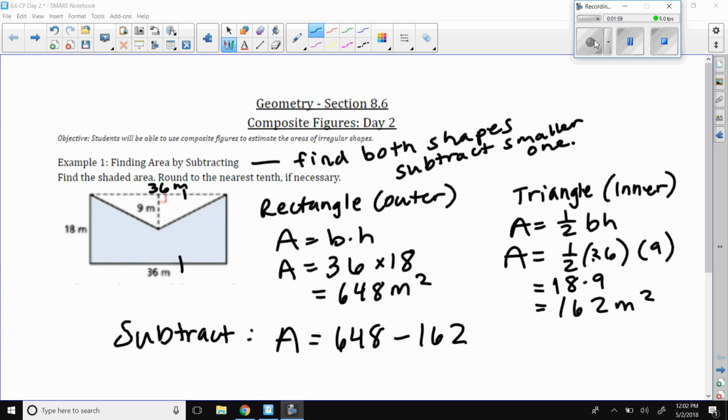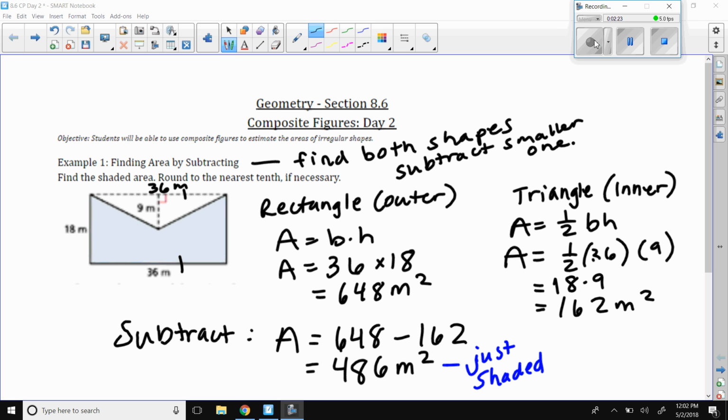So the 640, that's if the rectangle was the whole thing. It's not. It's got this little triangle taken out of it. So I subtract these two. I get 486 meters squared as my area of just the blue, or on mine, just the shaded.